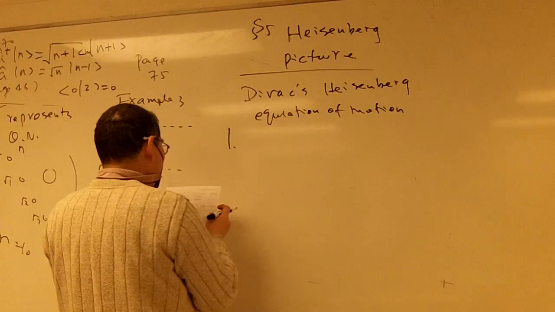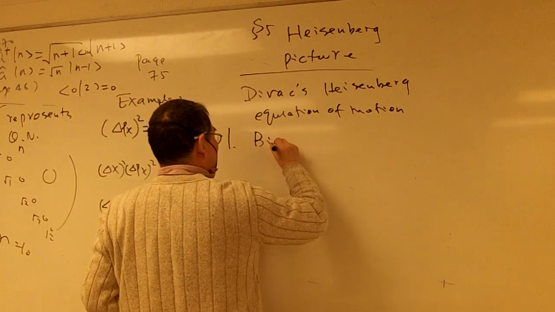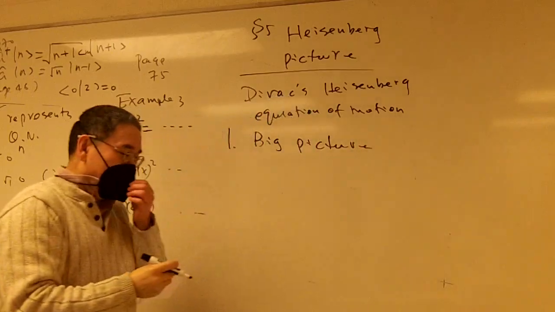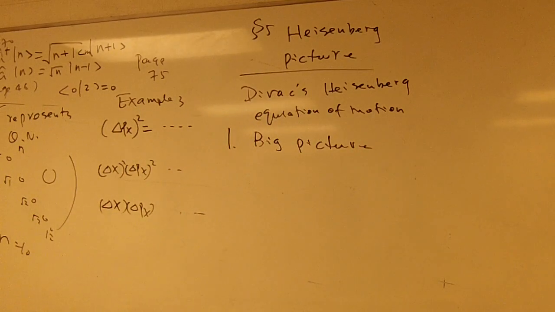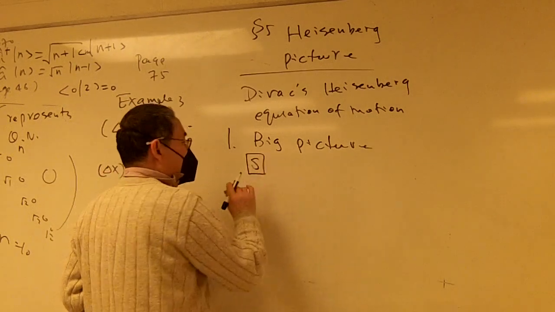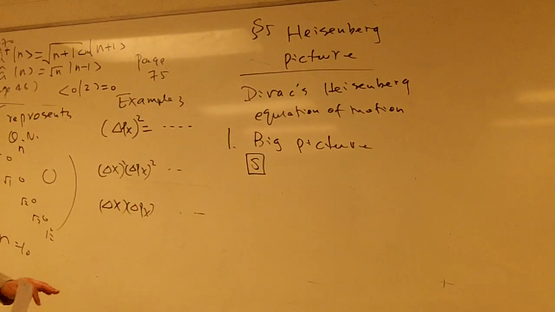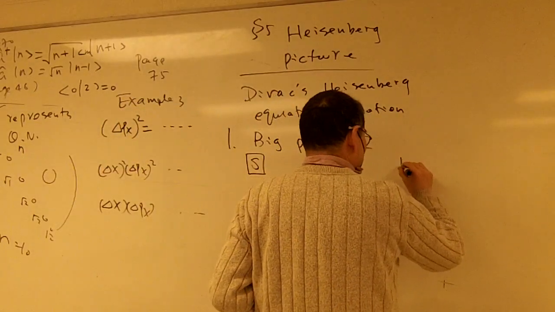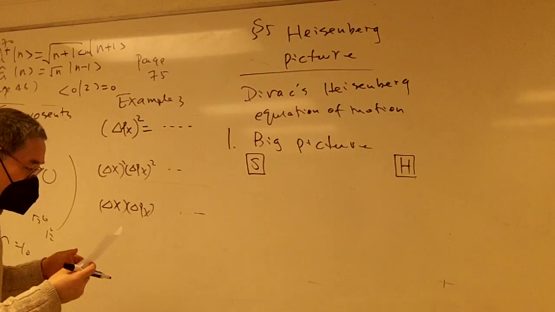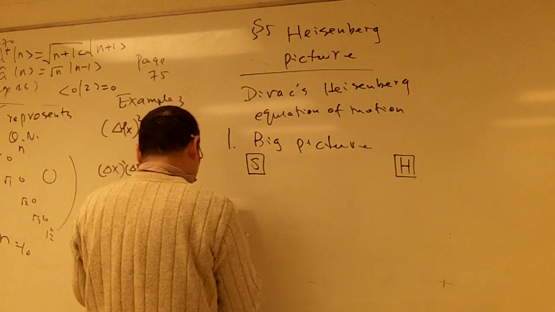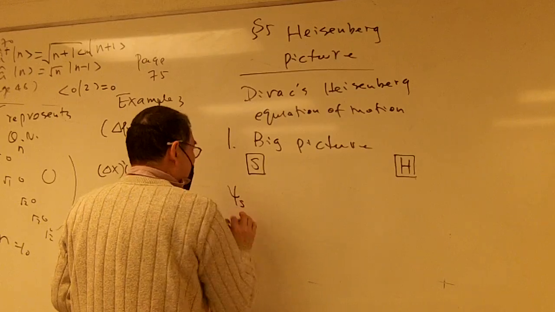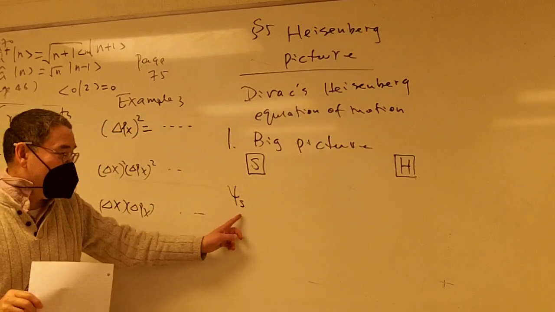So here's a big picture. The bigger picture is the following. Schrodinger equation, which I'm going to represent with S. This is called the Schrodinger picture, and the Heisenberg picture. They represent things differently. In the Schrodinger picture, the wave function is represented by phi sub s.